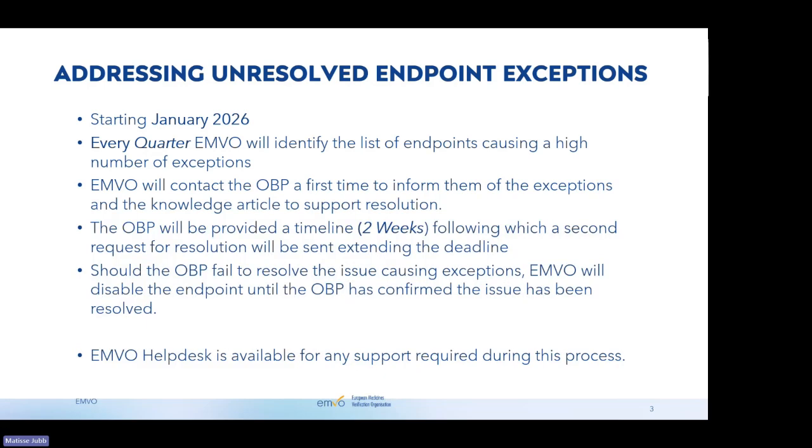You will be given a timeline of 2 weeks to resolve the issue, or at least inform us that you're working on a resolution. Without any feedback from you or reaction on your end from your SPOC or SPOC assistant or technical representative, if you have them present, or if you've included them in line of the email in response to let us know that you've started the process of resolving the issue, then we will send a reminder after that timeline.